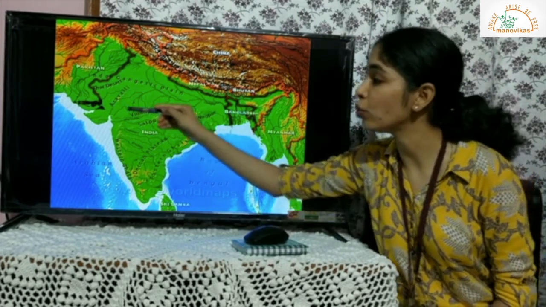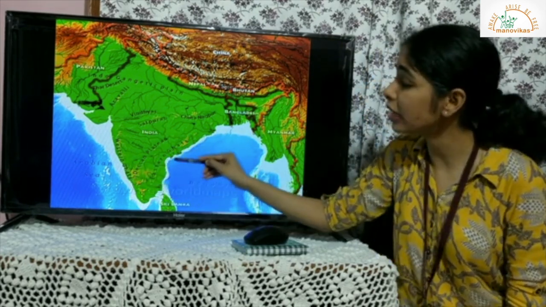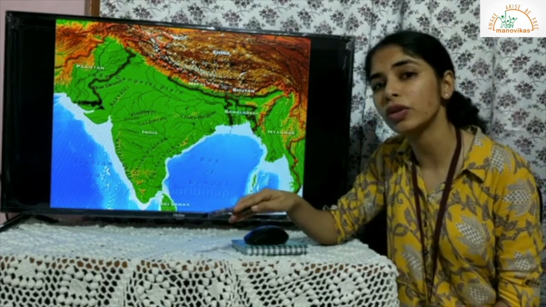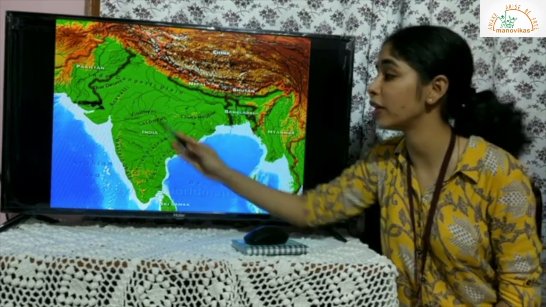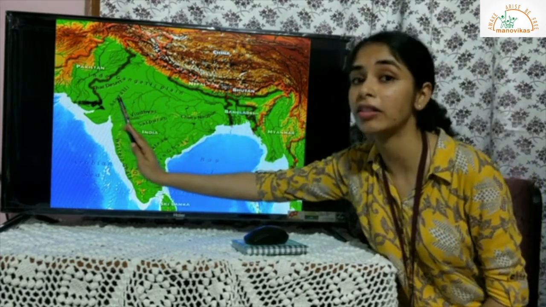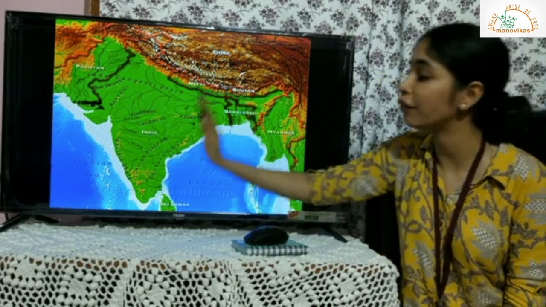Just like the Arabian Plateau, the Deccan Plateau is also very high and steep towards the west, as it is bound by the high Western Ghats, and towards the east it is bound by the very low and discontinuous Eastern Ghats. And here again, because of the slope of the land, it is very high and steep towards the west, and it goes on becoming gentler and very low towards the east.